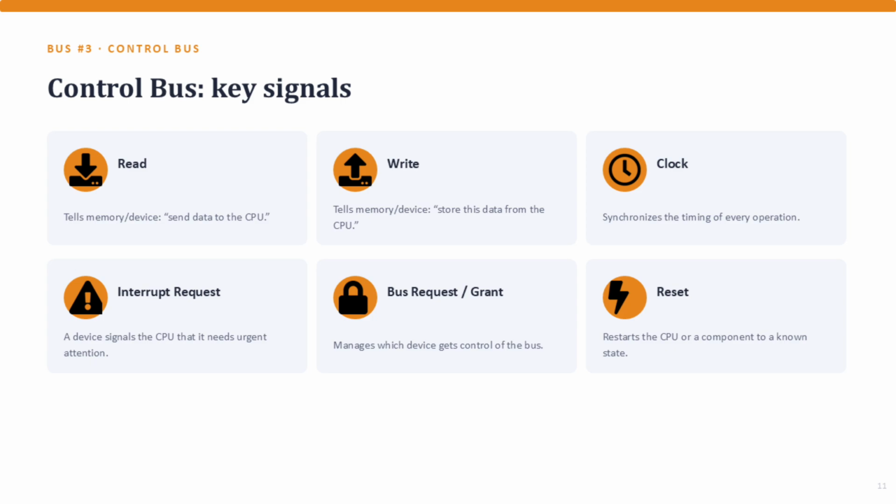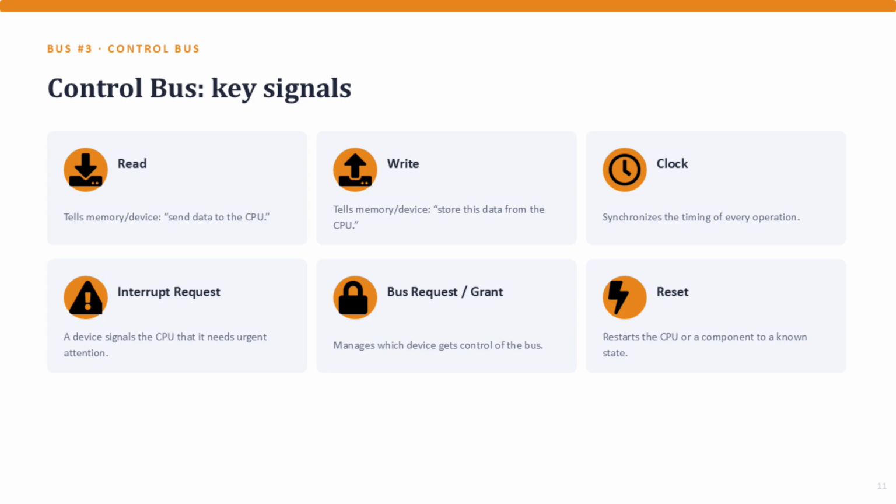Instead of waiting indefinitely, the device sends an interrupt request, commonly called an IRQ. The CPU then decides when to pause its current task and handle the device's request. Interrupts make computers responsive to external events like keyboard presses, mouse movements, or incoming data from peripherals.